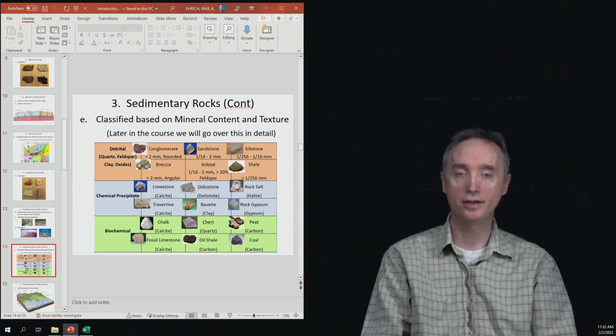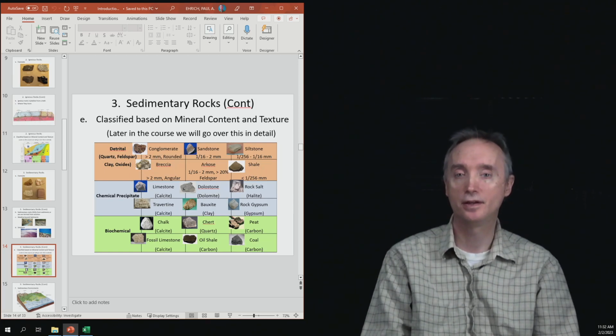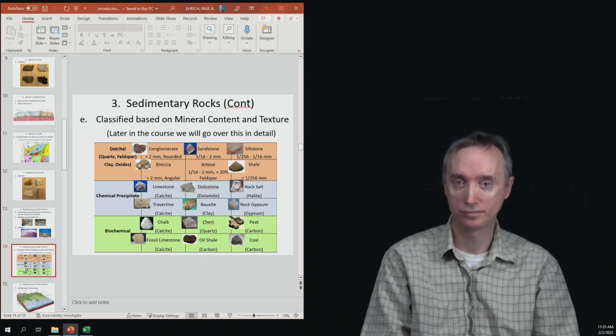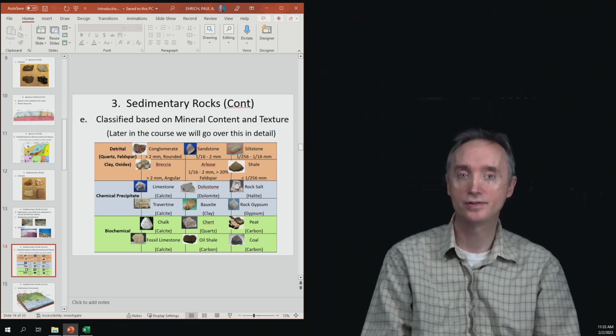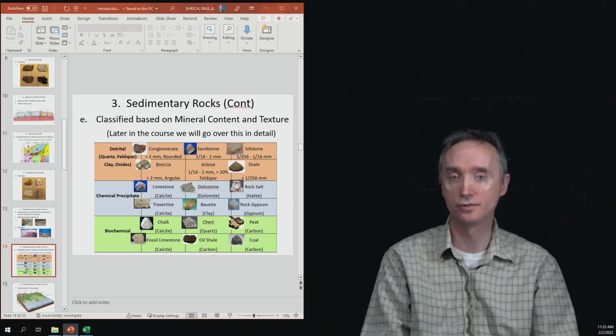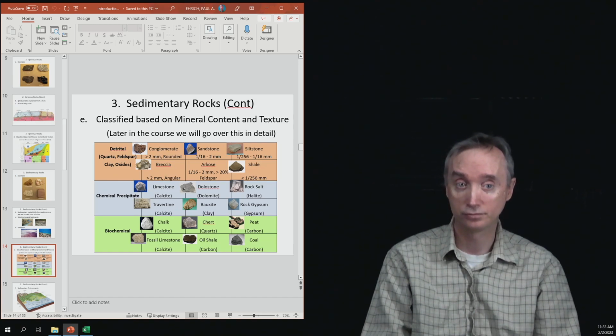Yeah, we talked about igneous rocks, and we said that igneous rocks were also categorized based on their mineral content and texture. So, for example, let's talk about texture this time. So for a sedimentary rock, texture could refer to the size of the particles that are glued together.